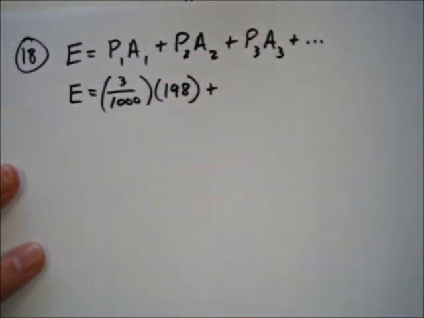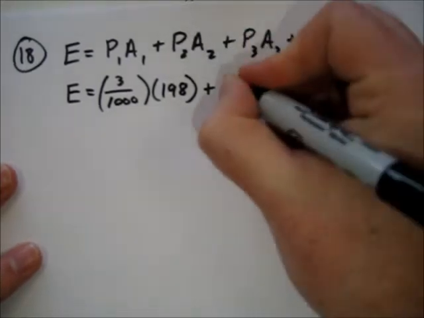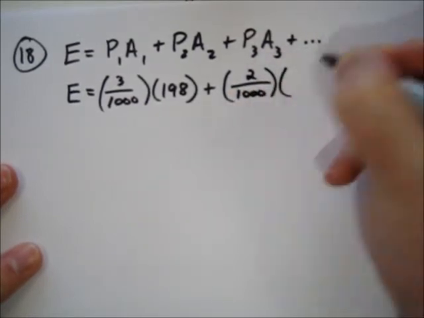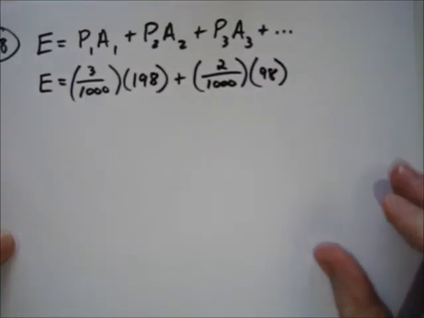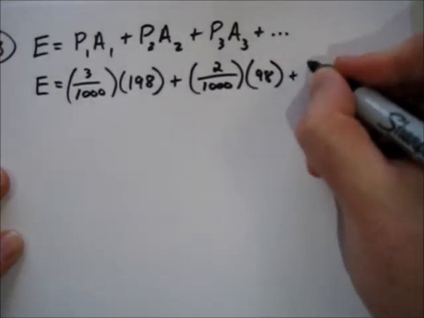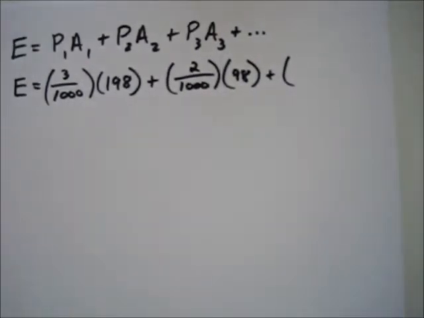Then event 2, we're going to be the case where you win the $100. What's the probability that happened? It's 2 out of 1,000. Your net gain in that case would be 98 because it's 100 minus the $2. And then lastly, we've got the case of, well, what if we lose? What's the probability that we don't win anything?